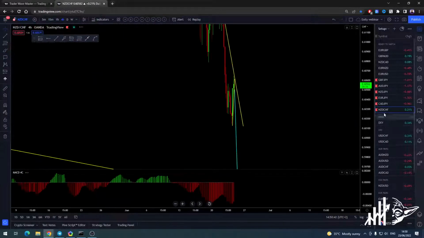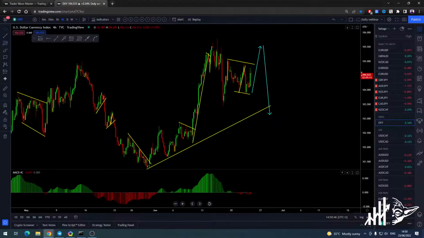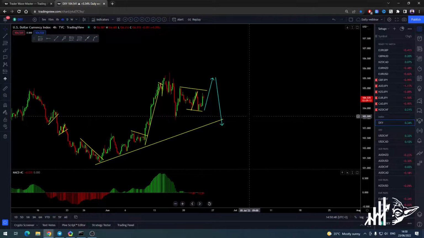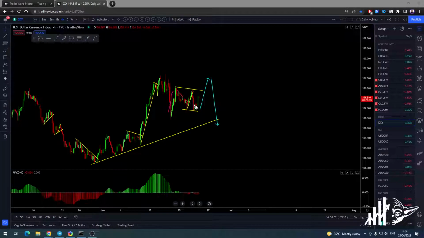And yeah, the rest of the charts are not that good. So what is the DXY doing? DXY, it's kind of getting complicated. Why? Because we are now correcting. It will go up, give you the correction, and it will go lower. It will give you the flat correction, and it will go up. You see?